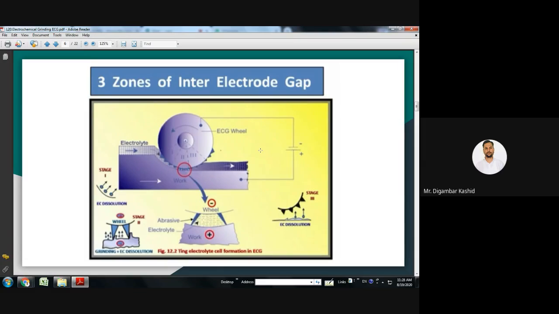As the IEG wheel rotates, it helps draw the electrolyte into the interelectrode gap. As a result of this electrochemical reaction in zone number 1, reaction products, including gases, contaminate the electrolyte, and that results in lower conductivity.